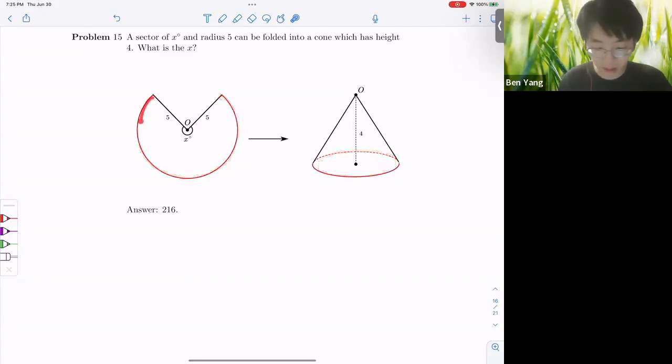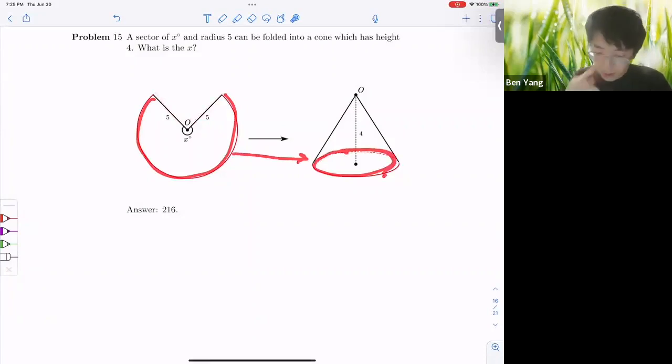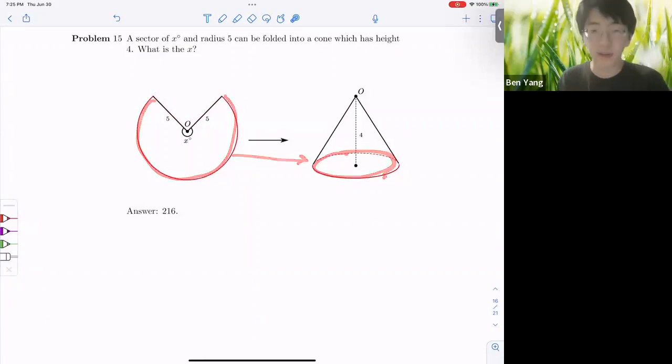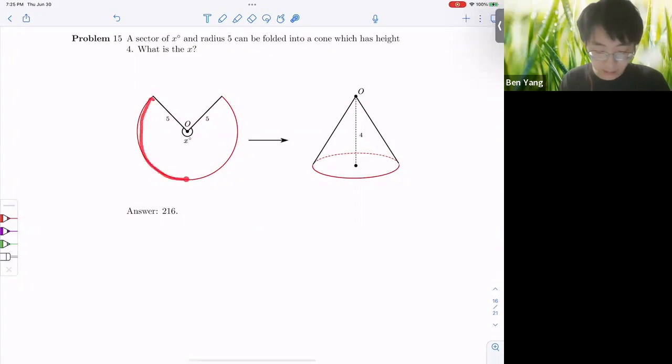You have the arc here, but after you glue the two radii together, the arc becomes the base circle. So we can use the length of the arc to set up an equation. On the left-hand side, to compute the arc length, we take the circumference of the circle, which is 2 pi times 5.